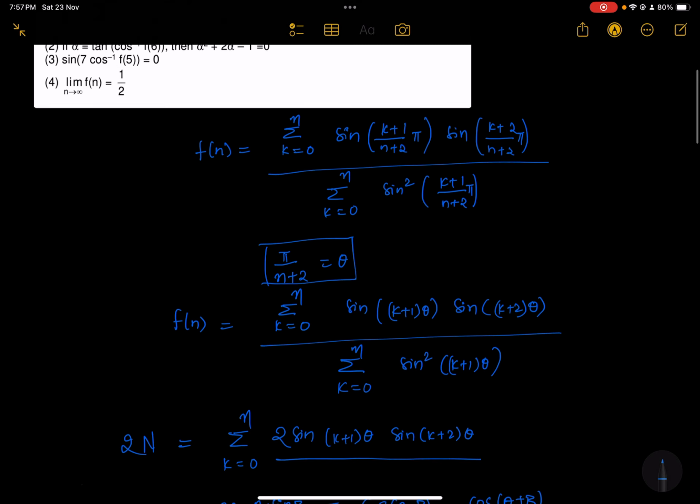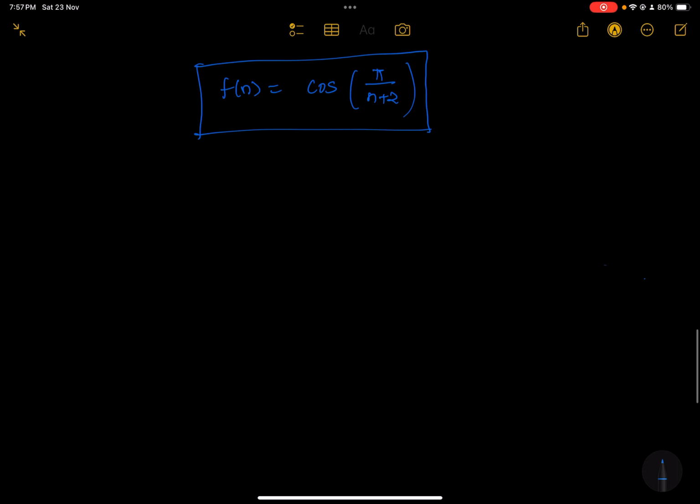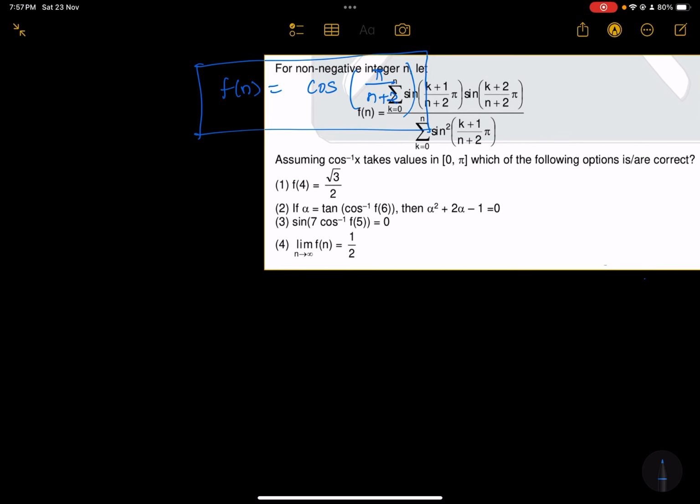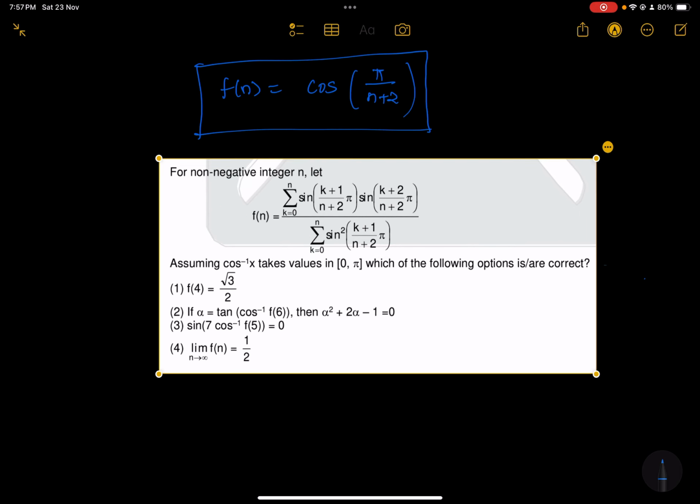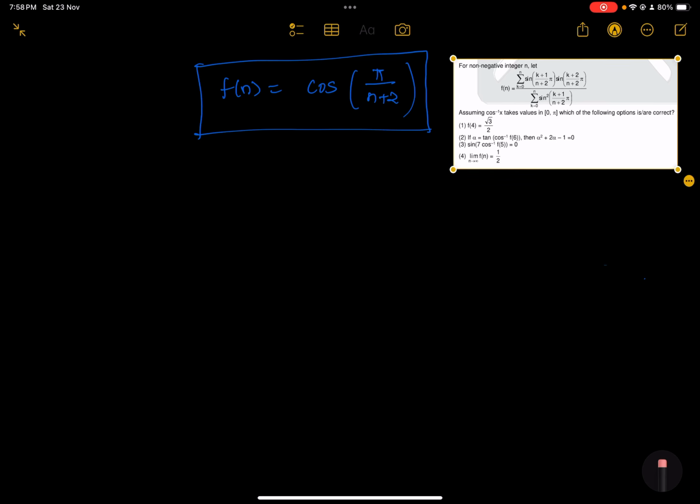So now what you have to find out? You have to find out all these things. So let us paste it over here. We have to find out all these things. So we have to find out f of 4 first. First option, f of 4 is equal to cos of pi by 6, that is equal to root 3 by 2.